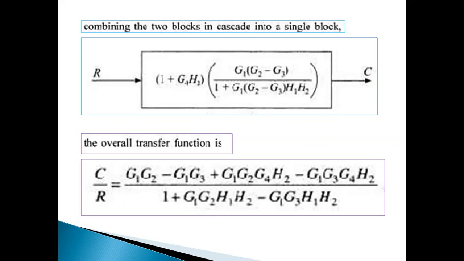So if you have obtained G1 square, G2 square or so in the final answer, we have to go through the procedure again. There may be a mistake.